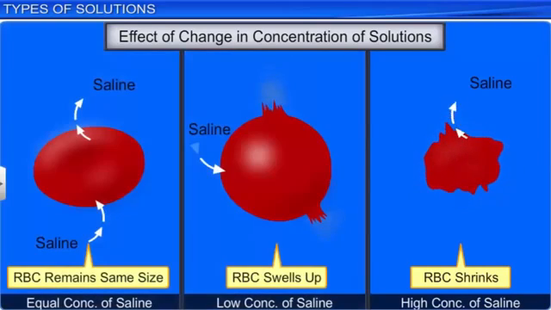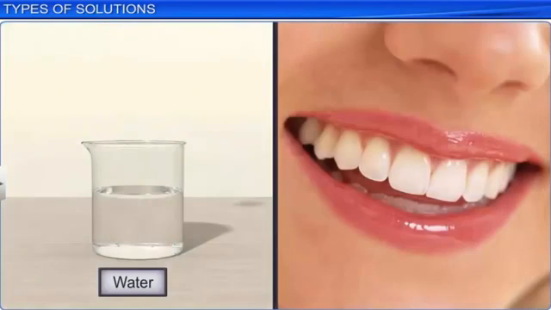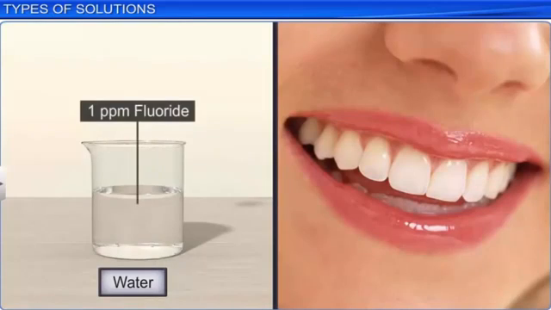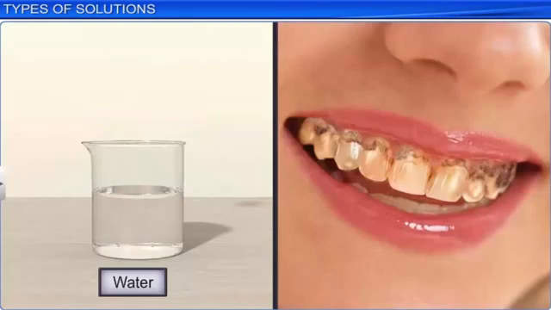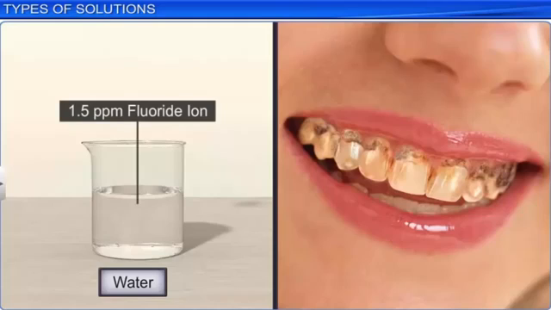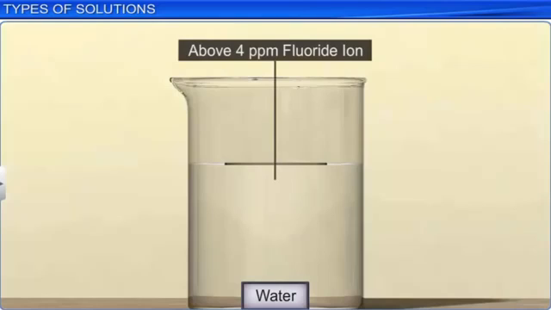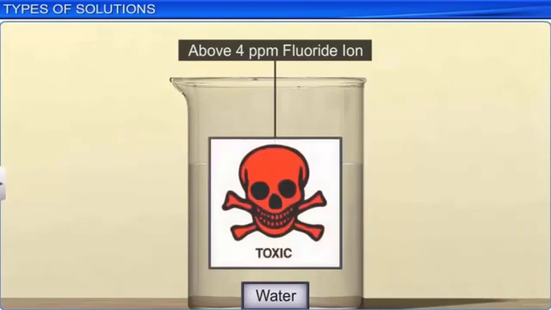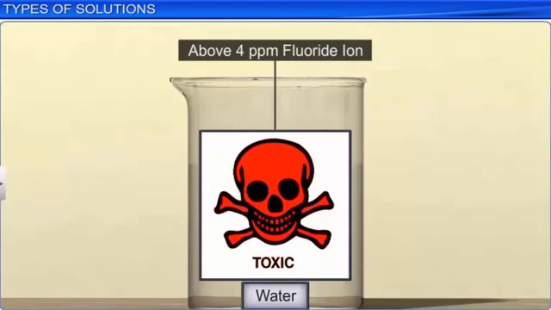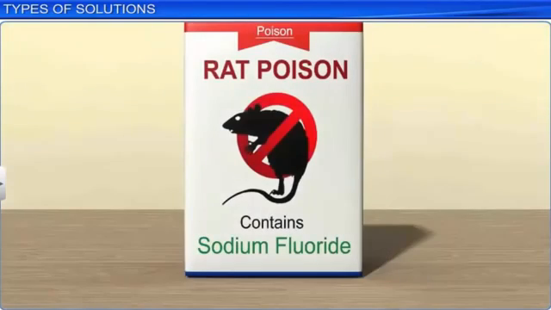For example, 1 part per million or 1 ppm of fluoride ions in water prevent tooth decay, while a concentration of 1.5 ppm causes spotted tooth, and any concentration at and above 4 ppm becomes toxic. Therefore, sodium fluoride is used as rat poison.